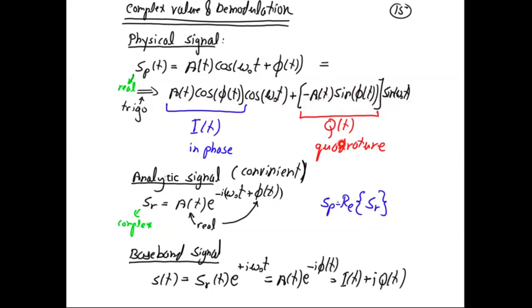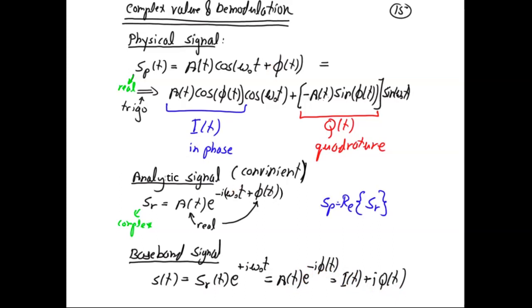This we call the quadrature component. And just for convenience, we represent this signal as its analytical signal, and our baseband signal is just the demodulated part, which is A(t) e to the minus jφ(t), which is really the in-phase plus j times the quadrature component. Okay, so if you want to go into more details of how we got this, you can go over that, and also it's in the book.